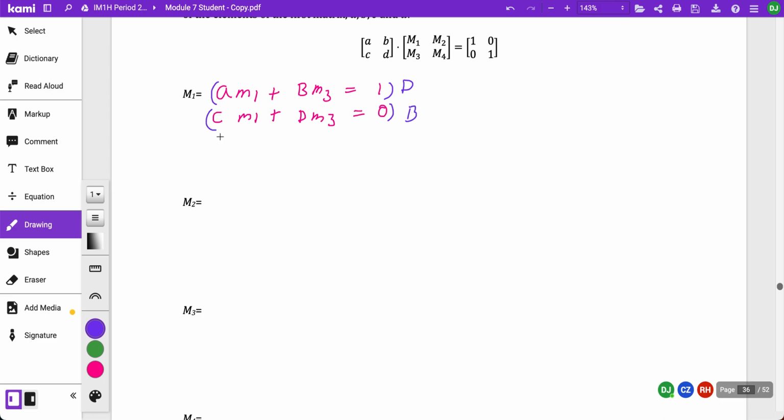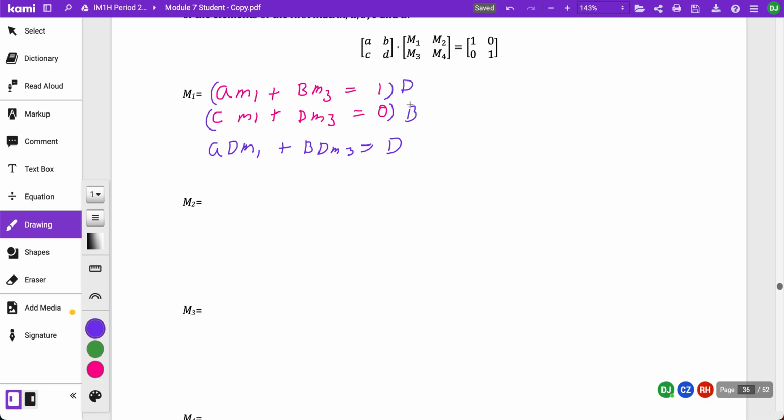Therefore, the top equation would be ADM1 plus BDM3 is equal to 1 times D, which is just D. And I'm just putting these in ABC order. That's why it's AD and BD.